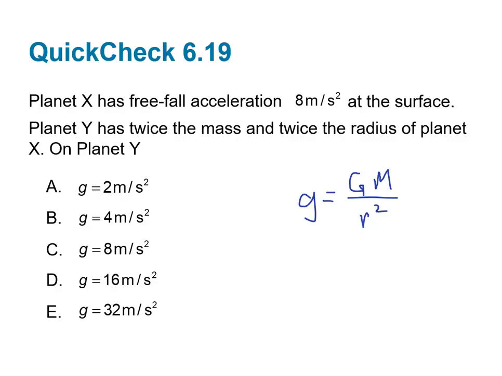So if planet Y has twice the mass, that's going to multiply the top portion by 2. And twice the radius, it's going to multiply the radius by 2, but you're going to square that. So that's going to be 4, because 2 squared is 4. So the bottom will increase by a factor of 4, the top will increase by a factor of 2, meaning that the acceleration due to gravity is going to decrease by half. So the new acceleration due to gravity is going to be 4 meters per second squared.